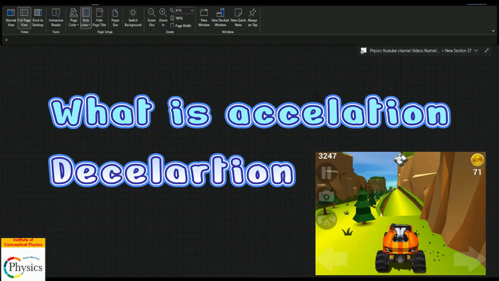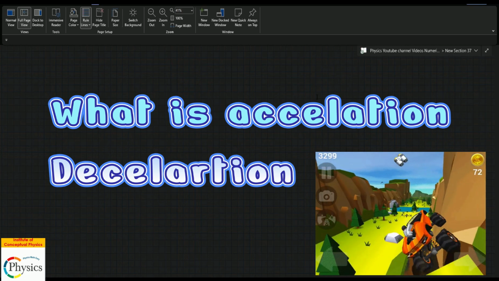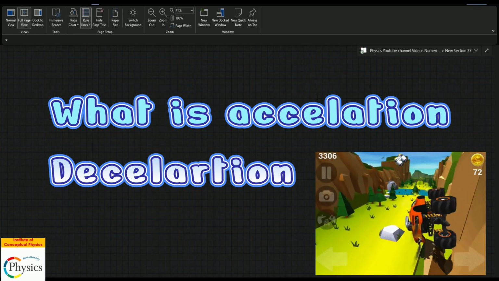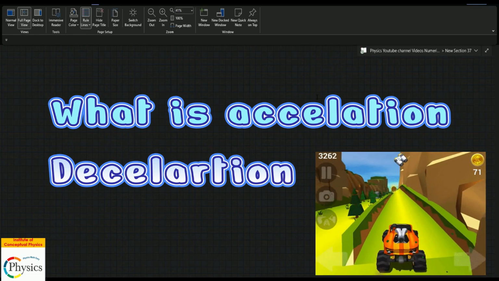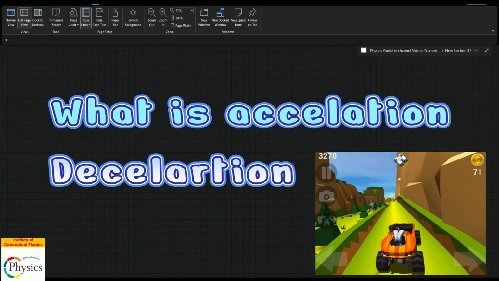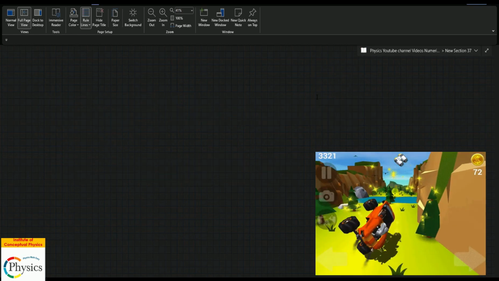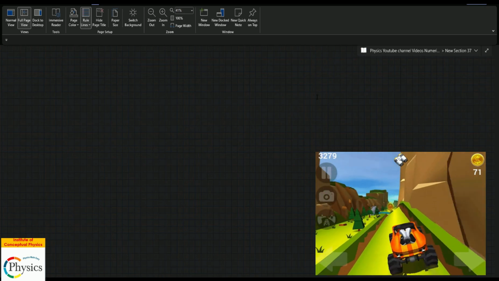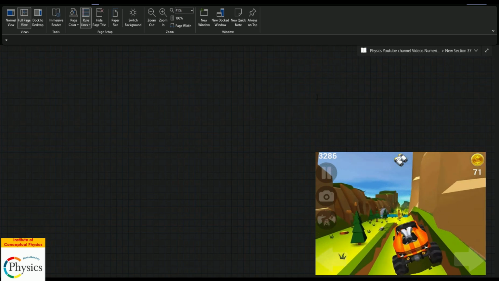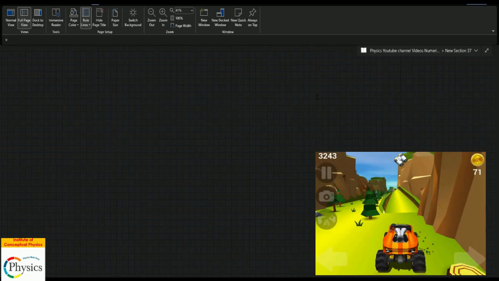A lot of students struggle with this concept also, and therefore I want you to understand how the physical world views acceleration and deceleration. What a beginner or layman visualizes as acceleration is not the way physics visualizes acceleration. These are two different things altogether.